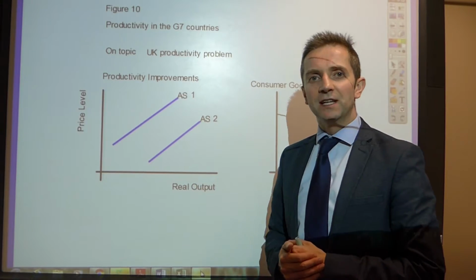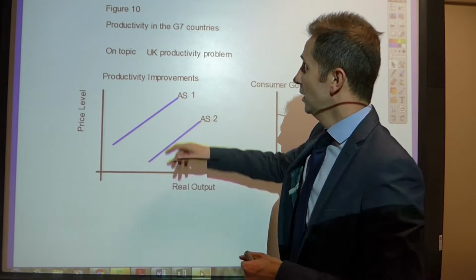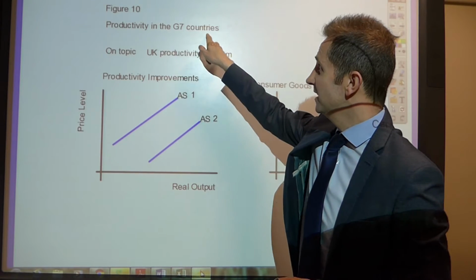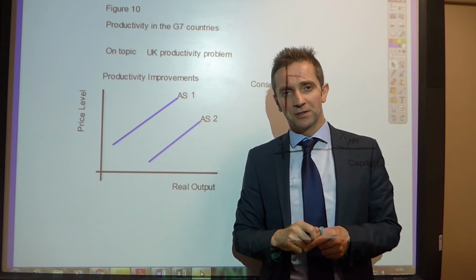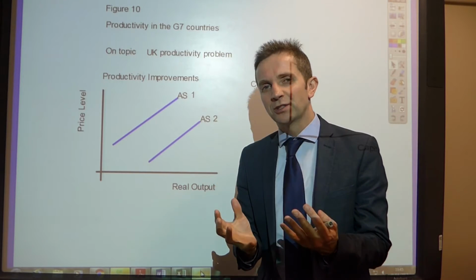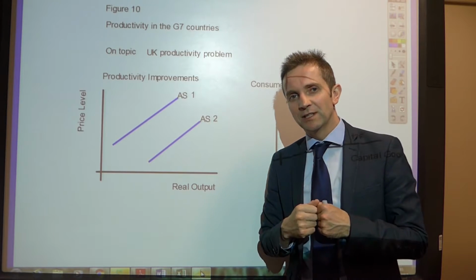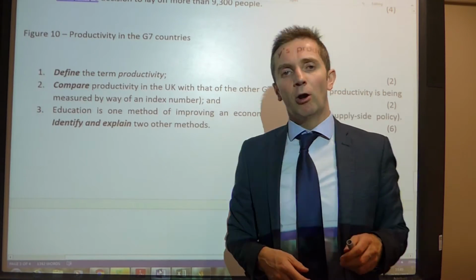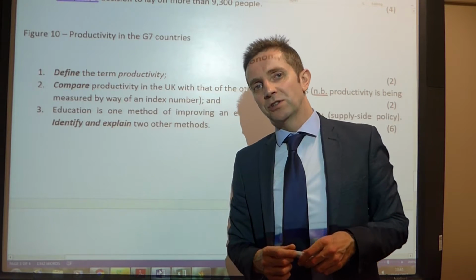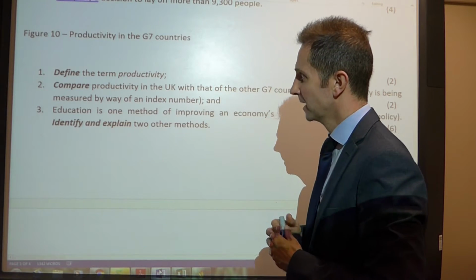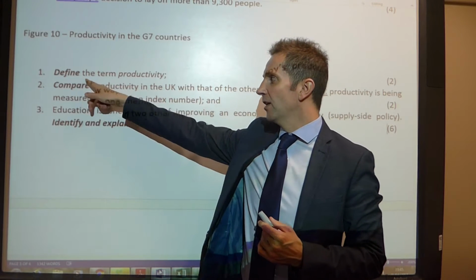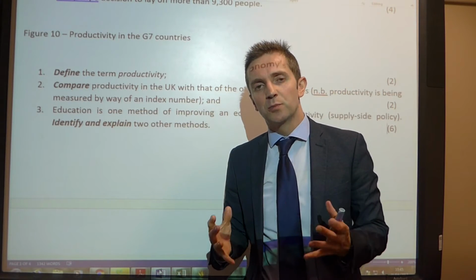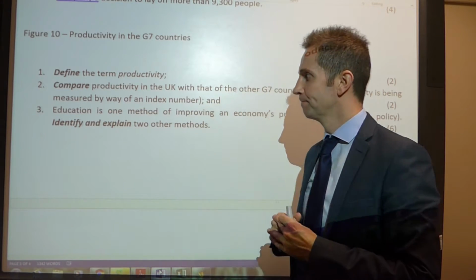We have got a data set, a bar chart, which shows us the productivity in the G7 countries. I'm going to talk a lot around this data rather than answering specific questions on it. However, here are a few questions which you may wish to consider as part of your revision. Number one, define the term productivity: output per worker per period of time.